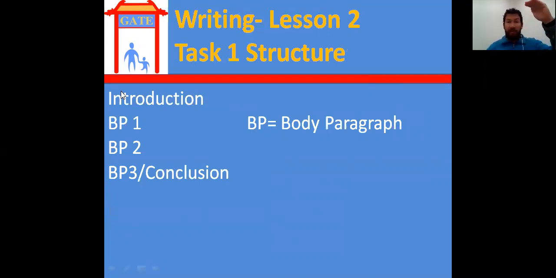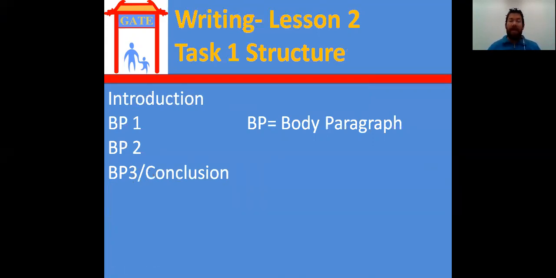We have an introduction, the body of your writing, and then usually a conclusion. Okay, so BP, body paragraph. Think of the introduction as the head, then the body, and then the legs. The main part is the body of your writing, or the body of the essay. So BP1, BP2, BP3, and maybe a conclusion.